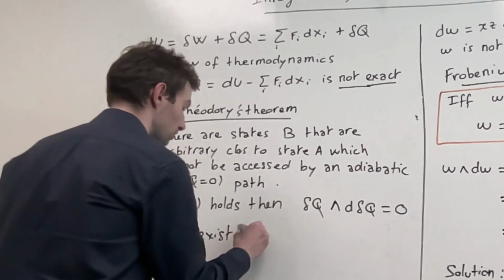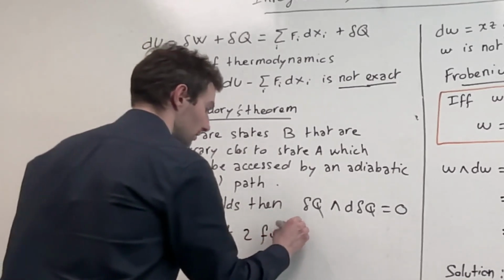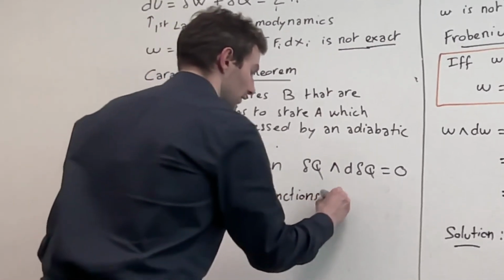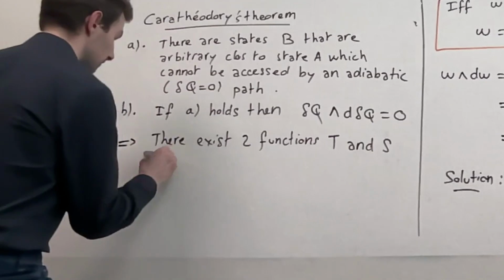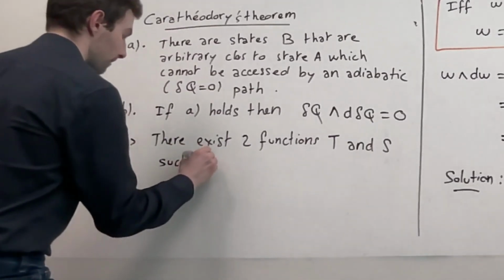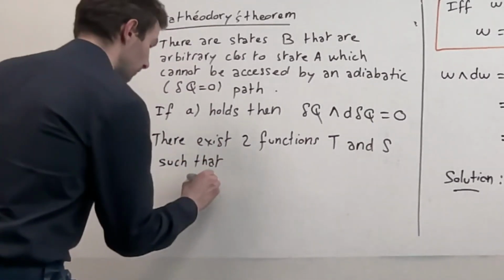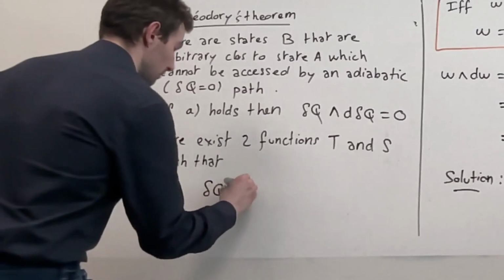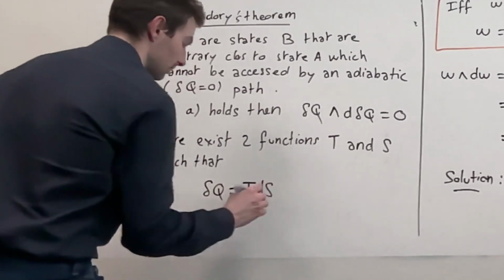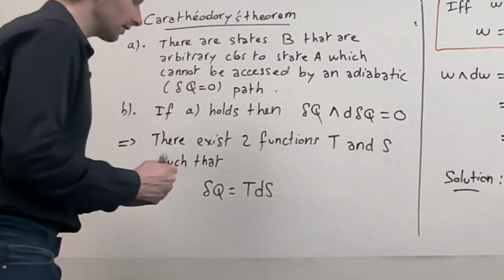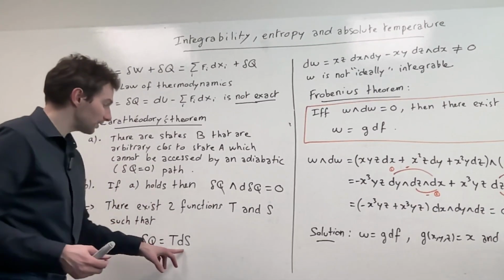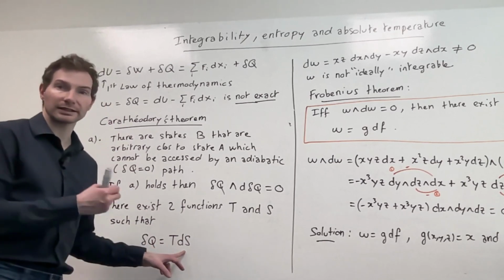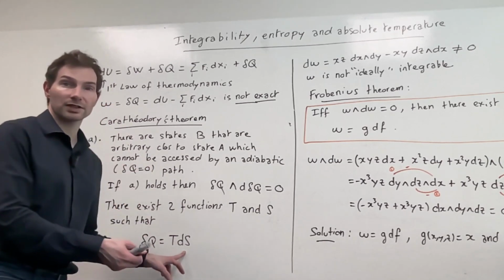two functions, which are here T and S, such that δQ is equal to T dS, basically meaning that δQ is integrable via an integrating factor that you would call T, and then you've got this particular dS here, which is a function of state.